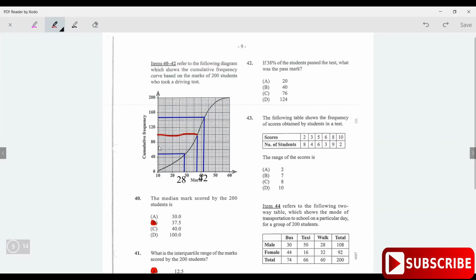So we go down to where 76 is. This is 80, so right here would probably be 76. I'm not doing it so accurately, so go down, which is right here.